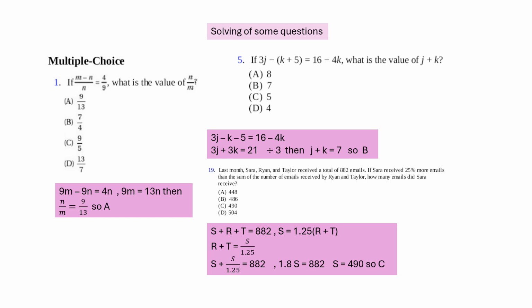So R plus T from the second equation equals S over 1.25. Plug in the total. So S plus S over 1.25 equals 882. So do the adding. So 1.8 S equals 882. So divide by 1.8 and it will be 490, which is C.